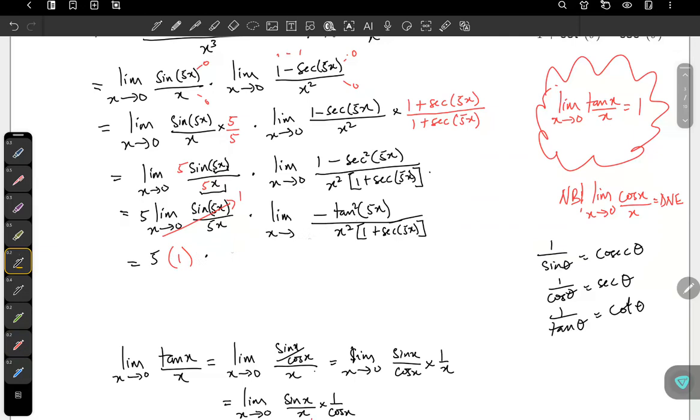So this is the limit as x goes to 0 of minus tan 5x over x squared. That gives us this part of the fraction. Then we're left with times the limit as x goes to 0 of 1 over 1 plus sec 5x.